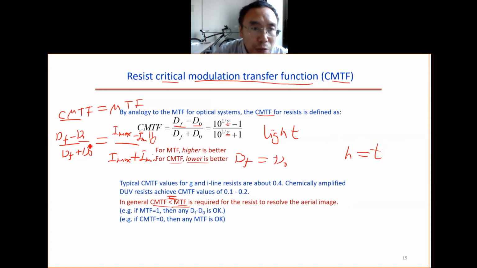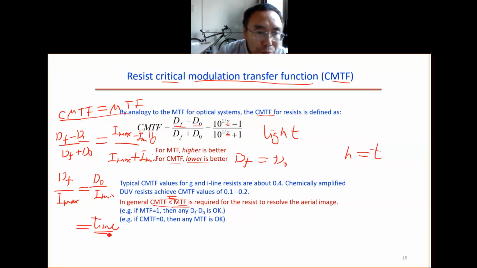This is the definition of MTF. So we have this equation for this situation. If we do some arrangement, finally you will see that dF divided by I max equals D0 divided by I minimum. So this is what you can define.